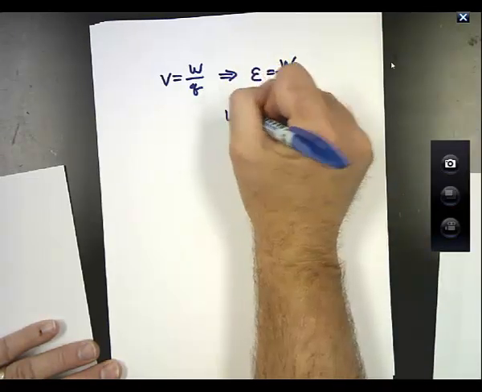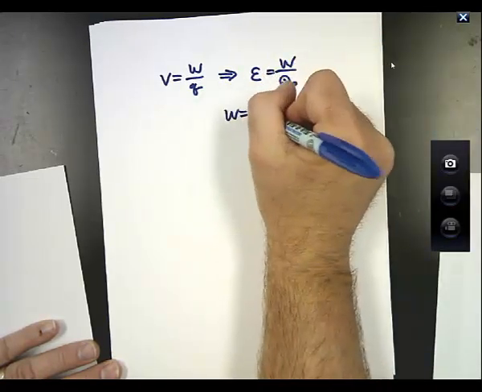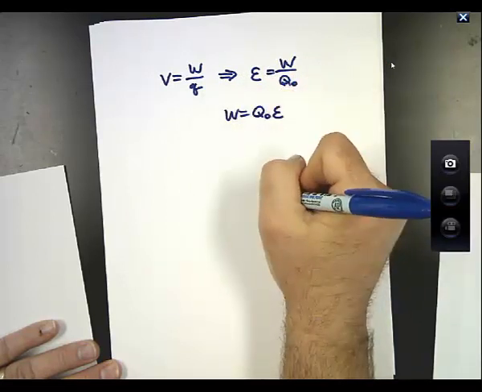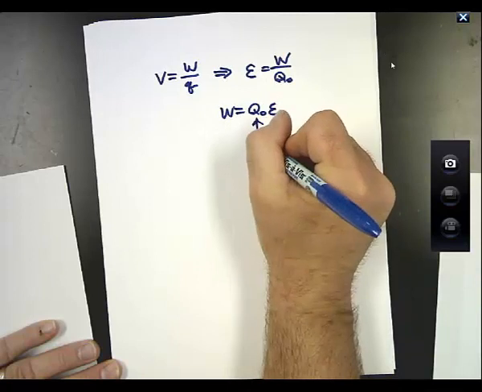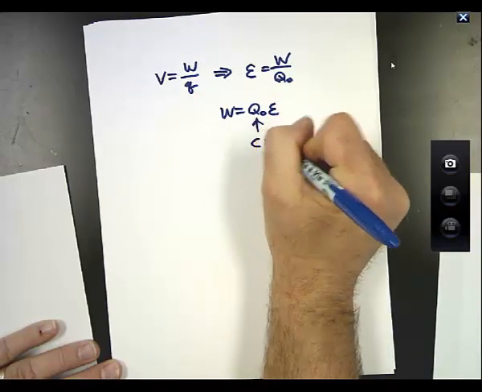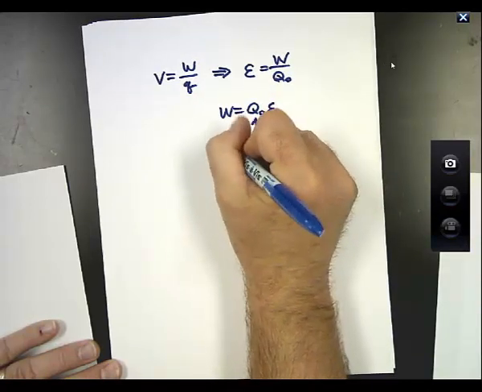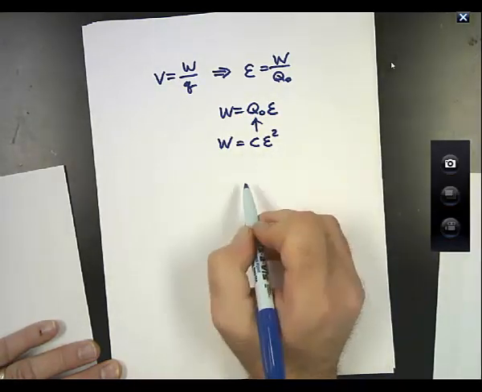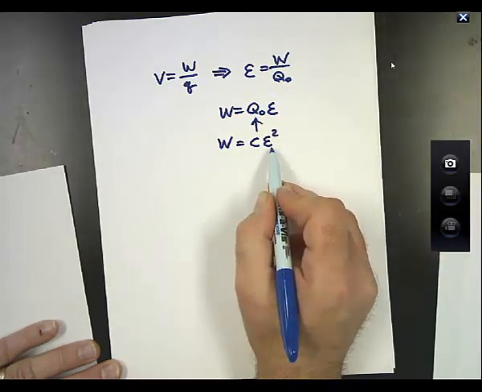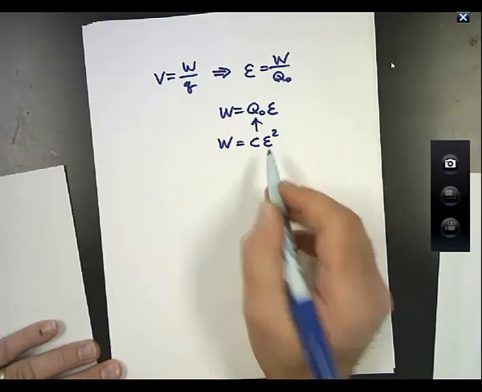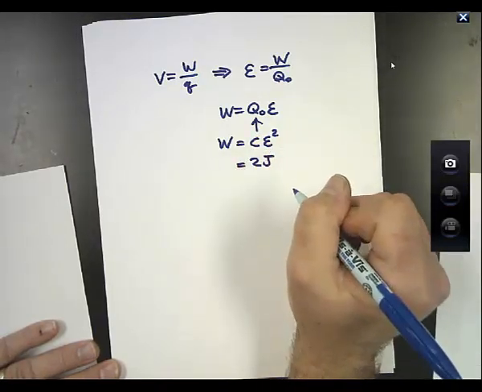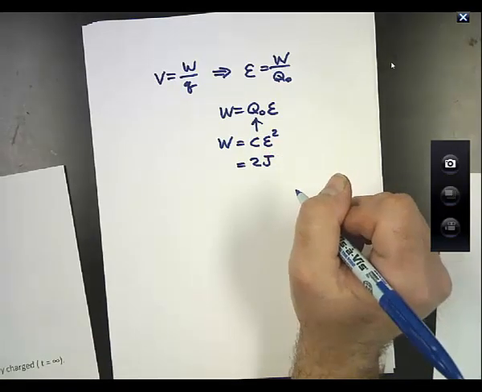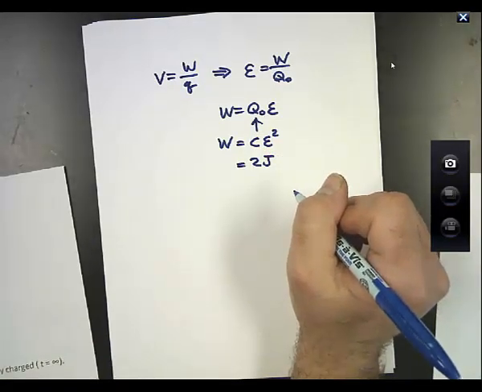So work equals Q naught E. Q naught is C times E. Again, we know the capacitance and we know the EMF of the system. It turns out to be 2 joules. That's the total work done by the battery to charge it from one plate to the other.